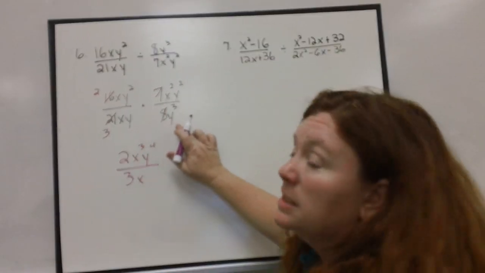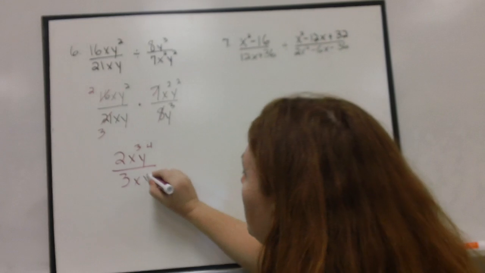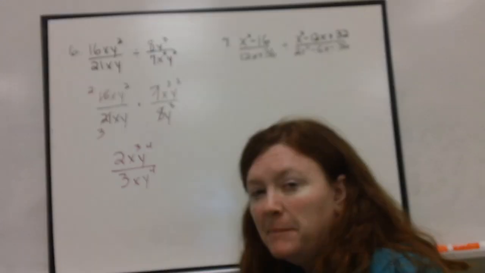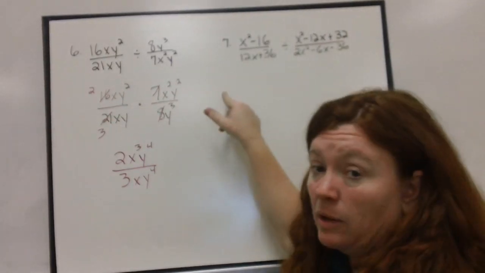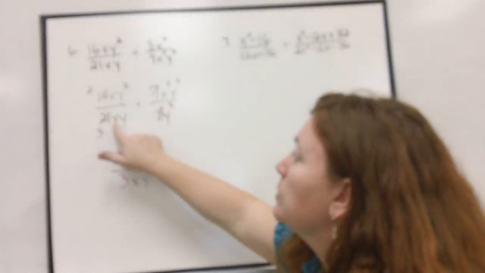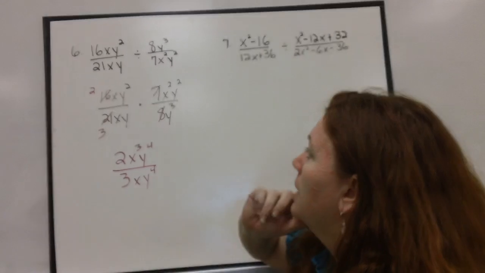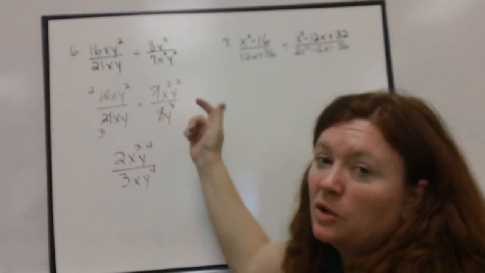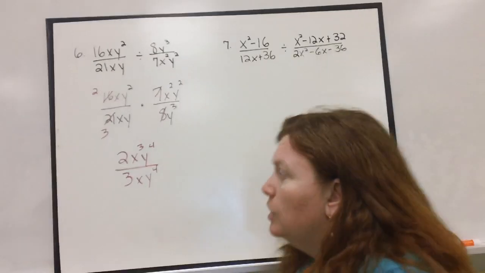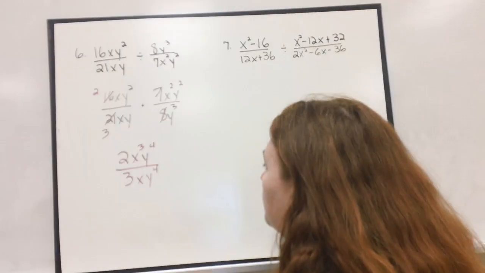I have a y times a y cubed, which is a y to the 4th. That might make it a little easier for me as opposed to canceling things out. I see I can cancel this x with this x. Then I'm left with this x squared up here. So you would get the same answer, but this might make it a little simpler.